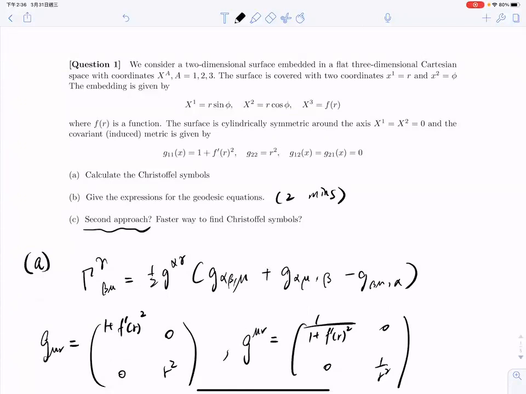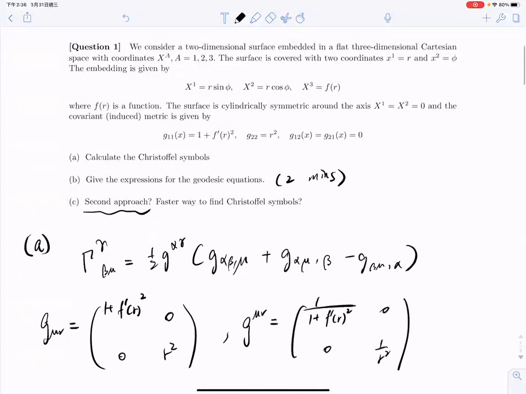And actually, if we don't want a mathematical approach, we can use a physical approach to find the Christoffel symbols. How? So basically, what is a geodesic equation for a given coordinate? Can you guys just give it a try? What is the meaning of the geodesic equation?